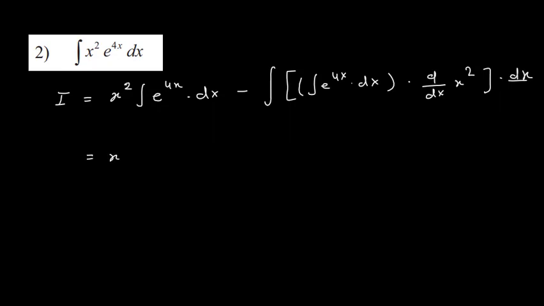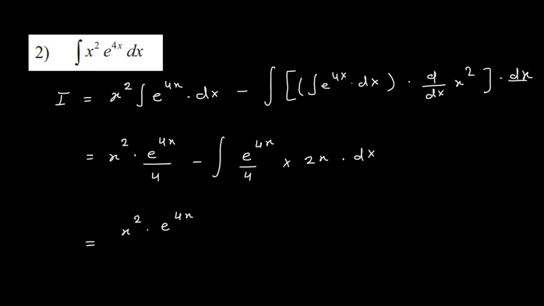So this is x square, integration of e power 4x is e power 4x divided by 4 minus integration of, now here integration of e power 4x is e power 4x divided by 4, and derivative of this x square is 2x into dx.